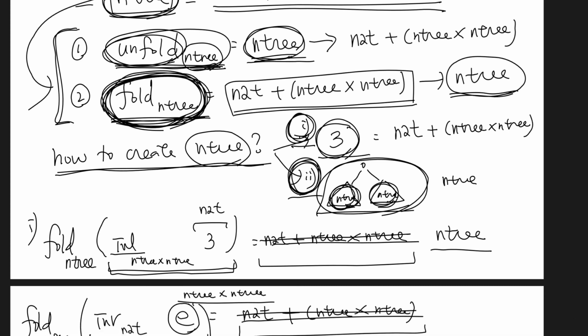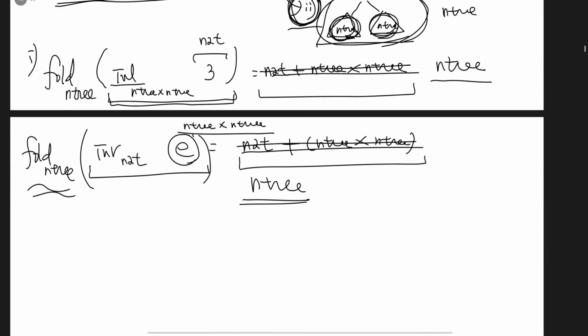This reminds us of pattern matching in functional programming, and it turns out that that's precisely what happens when you perform pattern matching on recursive types. So let's see how this works.